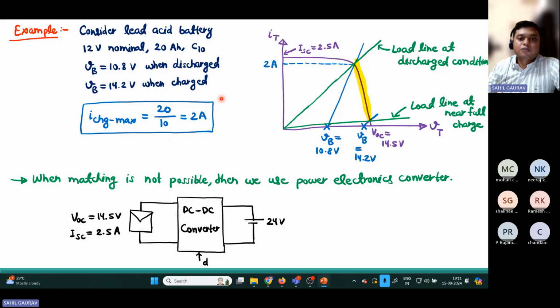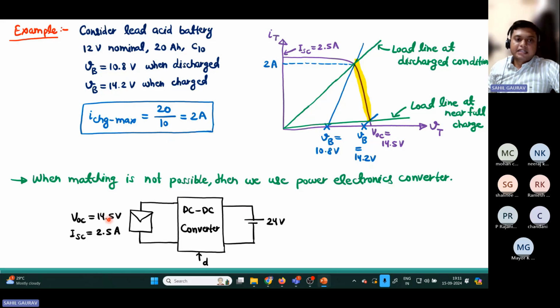Now when this matching is not possible, what can we use? Then we can use some power electronics converter. Suppose the nominal battery voltage rating is given as 24 volt, then you can see that it is not matching with the open circuit voltage of the PV panel. In that case, you have to use some interface between the PV panel and the battery.